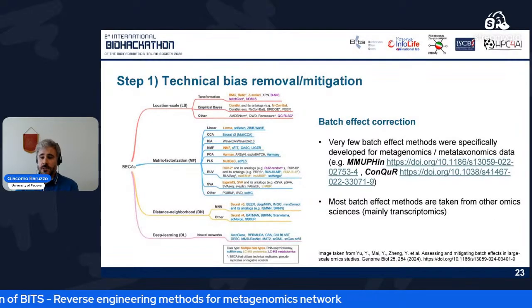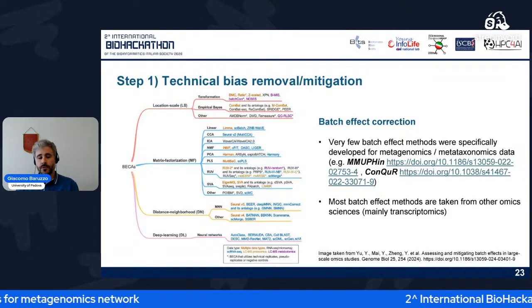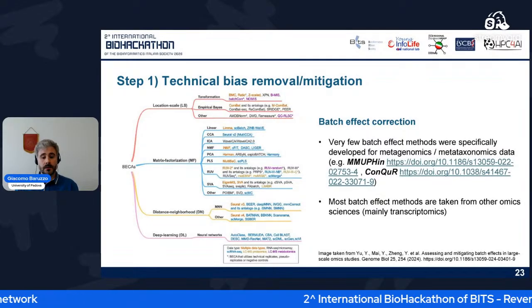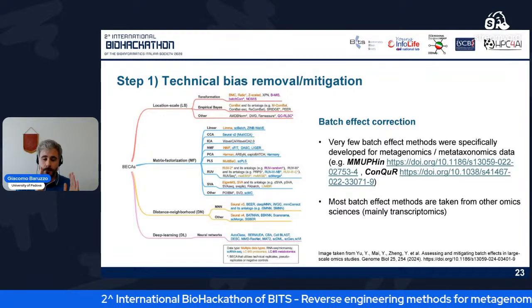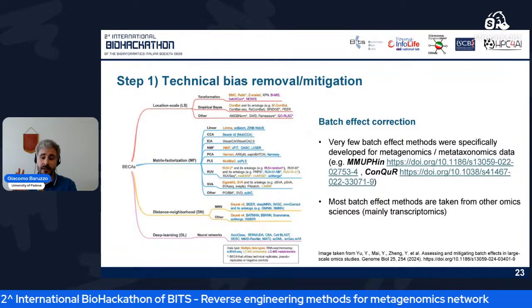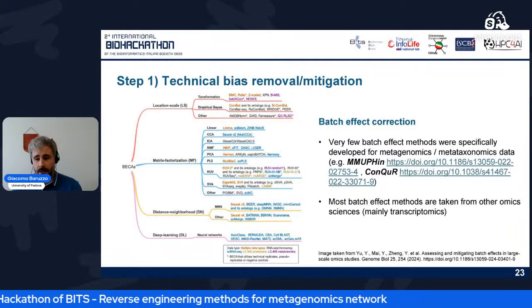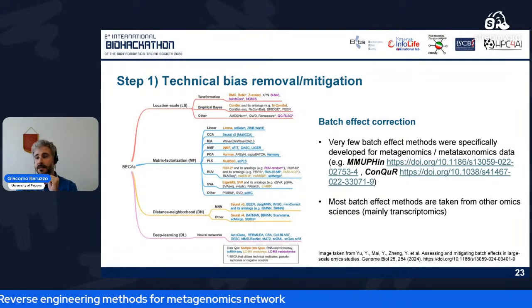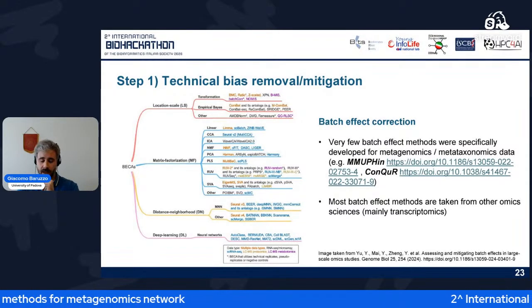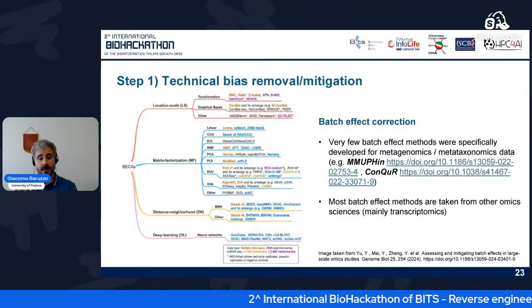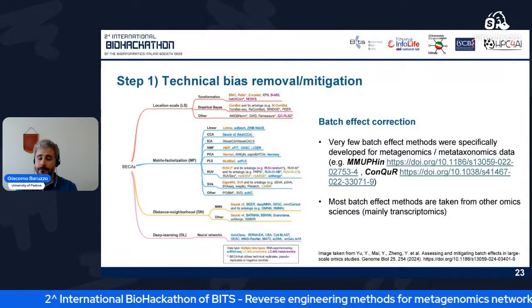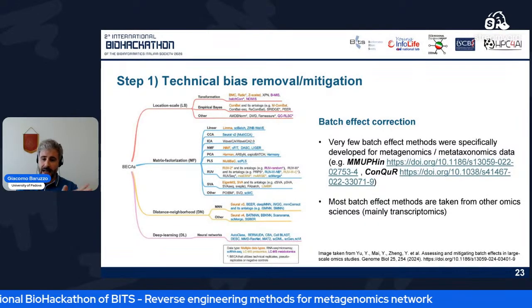In general, with batch effect correction, we define all the methods that allow you to reduce or remove the unwanted technical variability that you have in your count table just because you processed and produced the data in different batches. There are very few methods specifically developed for 16S count data. I put a couple of examples there, while the majority of batch effect correction methods that are typically used come from other omics sciences, typically transcriptomics, both bulk and single-cell.